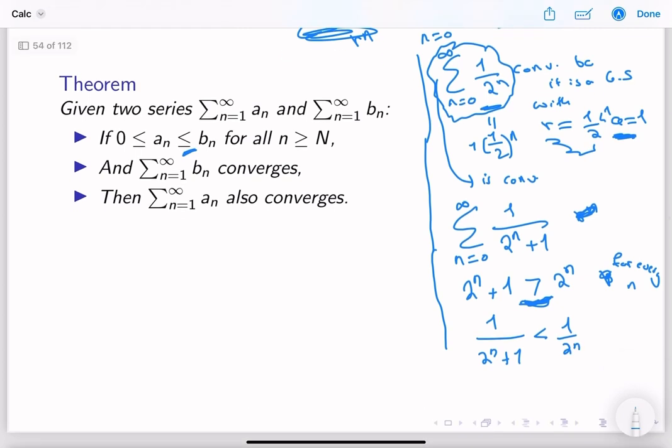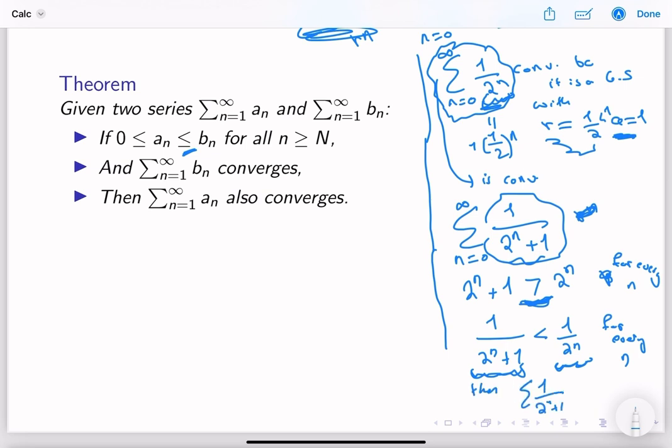So what the comparison test is telling you, if you know for sure, for every n, that the summand of your series is less than the summand of a series that you know is convergent, right? For example, this series we know is convergent, and we know that the summand that we have is less than the summand of the other series that is convergent, then we know for sure that the sum of 1 over 2 to the n plus 1 is convergent by the comparison test.